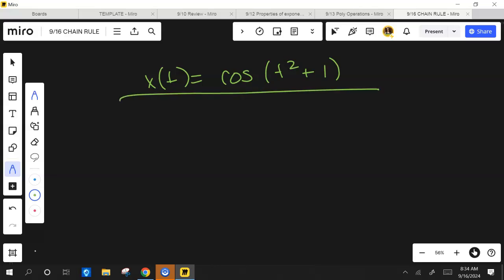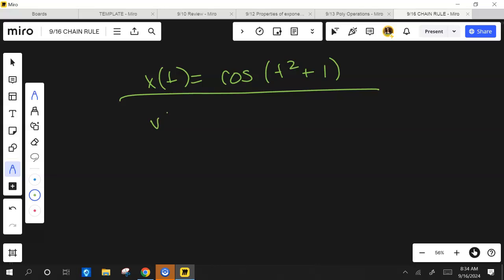What is the initial position? Time is 0 at initial position. You plug 0 in. Not cosine of 0, but cosine of 1, right? Cosine of 1. All right, what is the velocity at any point in time?